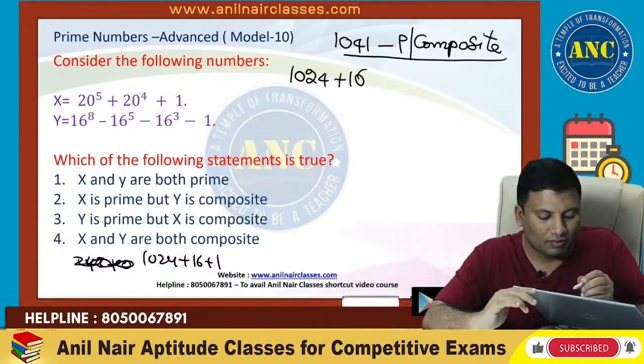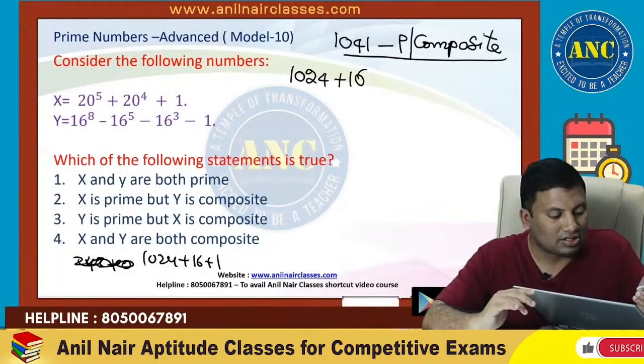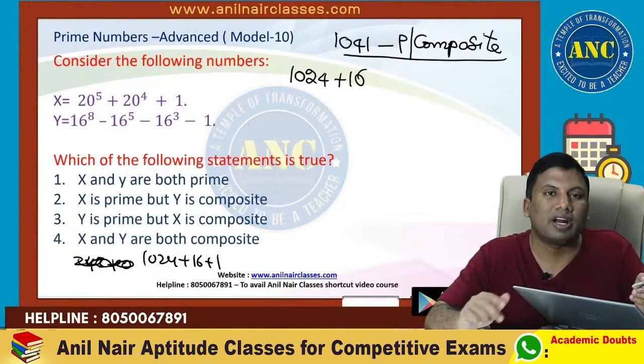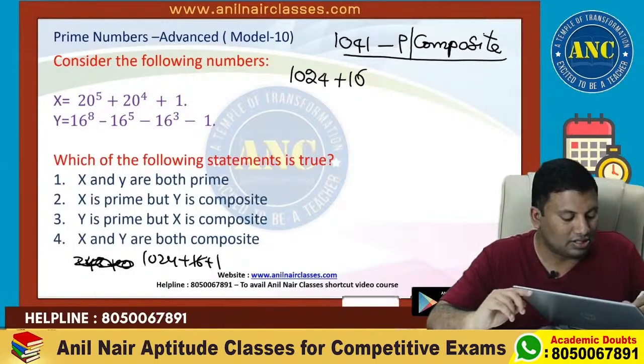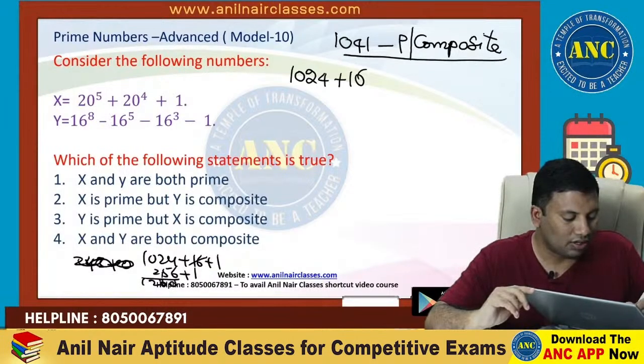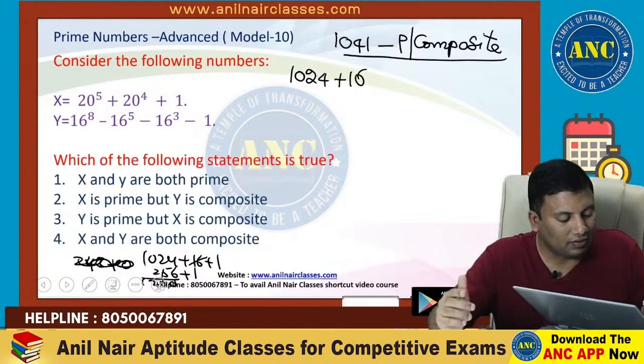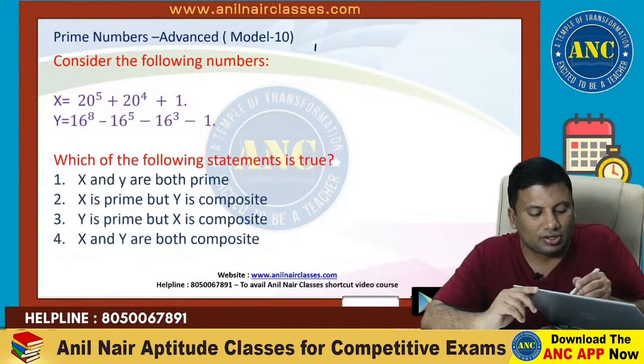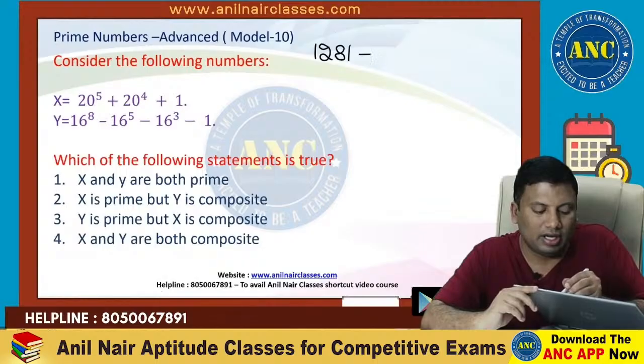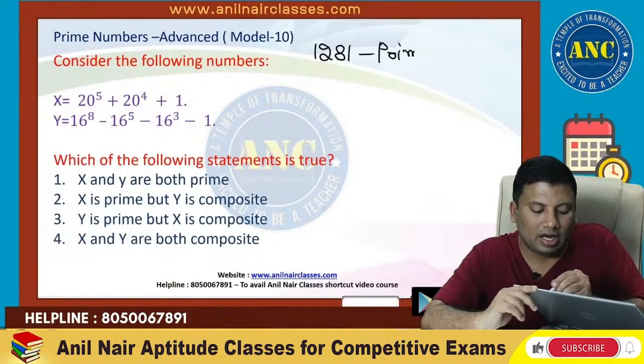One minute, sir. What I'll do is, for example, 4^4 is 256. 256 plus 1. Let us take 1281. I'll tell you what I am trying to tell you. Is 1281 prime or composite?